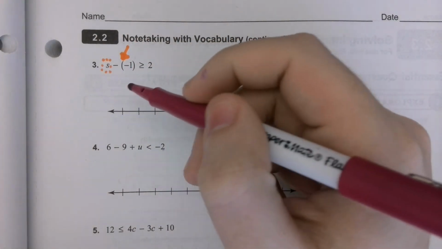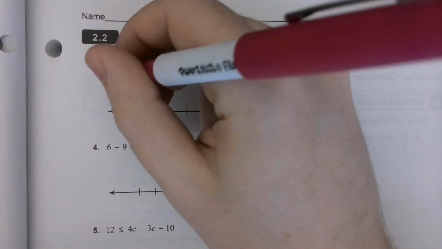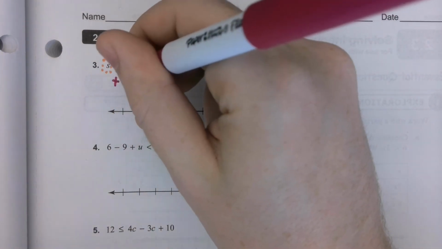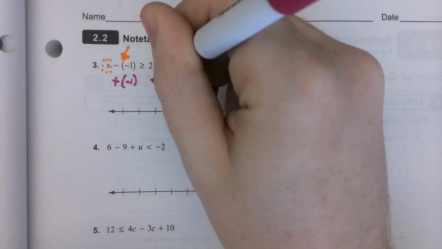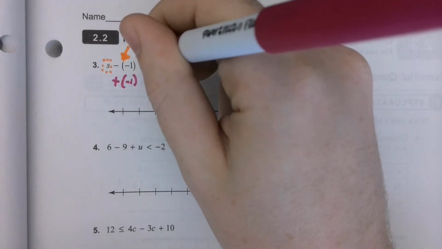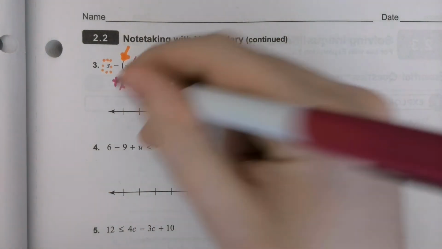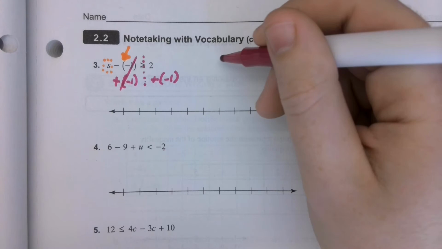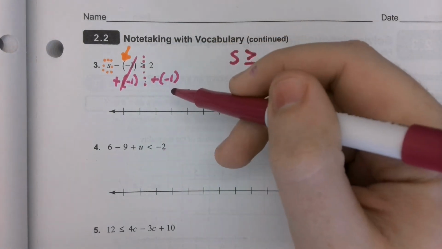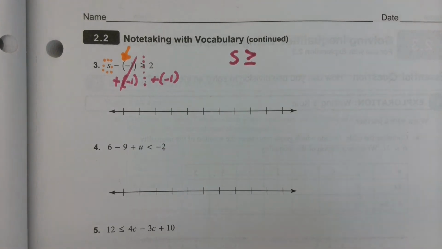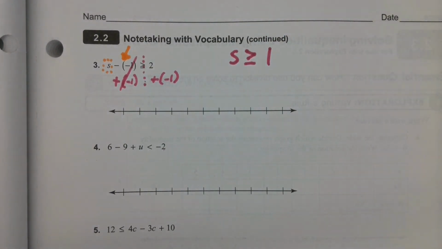To get rid of subtracting negative 1, we do the opposite. The opposite of subtracting negative 1 is adding negative 1. Of course, we've got to do this to both sides. Once we do this, these negative 1s will cancel out, and we're left with s is greater than or equal to 2 plus negative 1, which is the same as 2 minus 1, which is just 1.